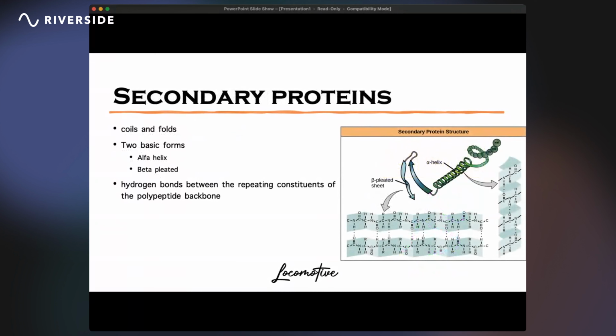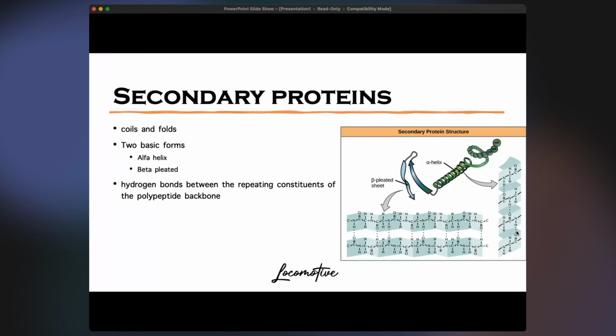Secondary proteins. Most proteins have segments of their polypeptide chains repeatedly coiled or folded in patterns that contribute to their overall shape. The coils and folds, collectively referred to as secondary structures, result from hydrogen bonds between the repeating components of the polypeptide backbone, you can see here.